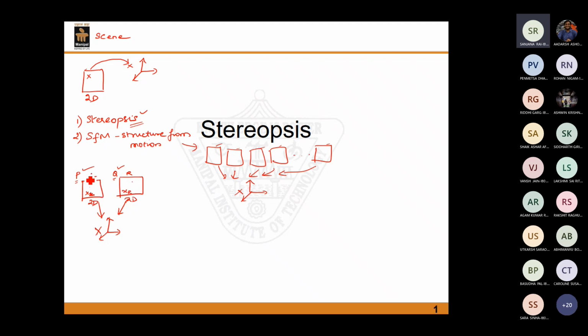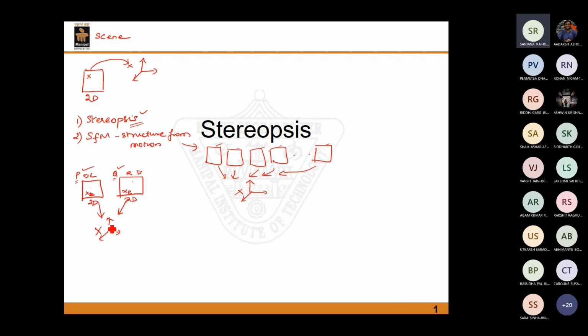So let's say I have a camera position here. Let's say this is one camera here, and this is another camera here, and it is trying to capture these two images of the same scene, right? So you can think of these as two eyes, positioned at slightly different positions, but looking at the same object over here.